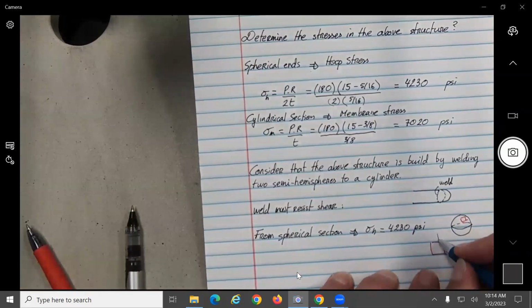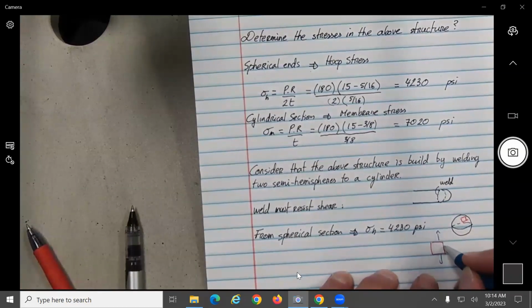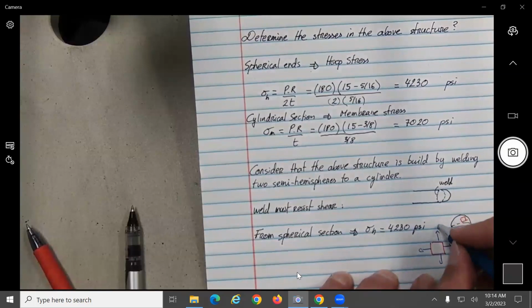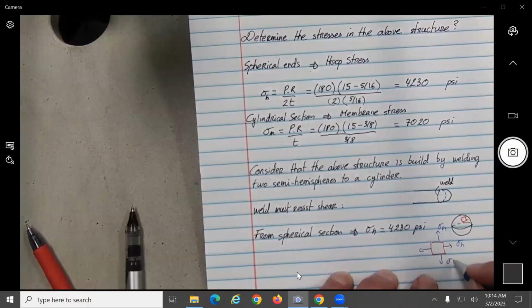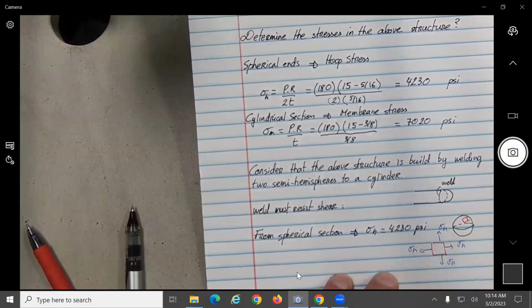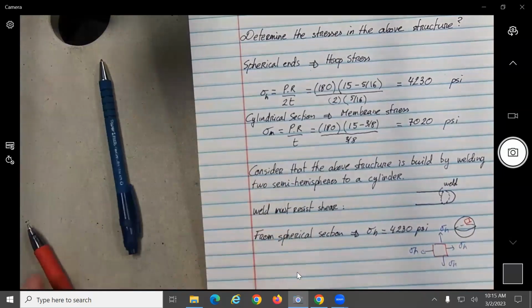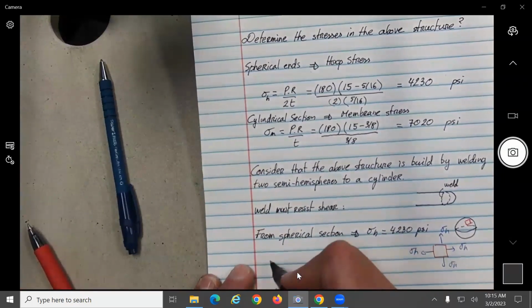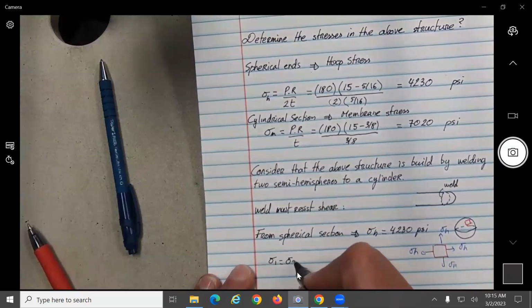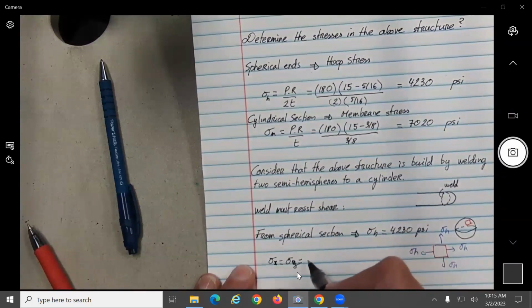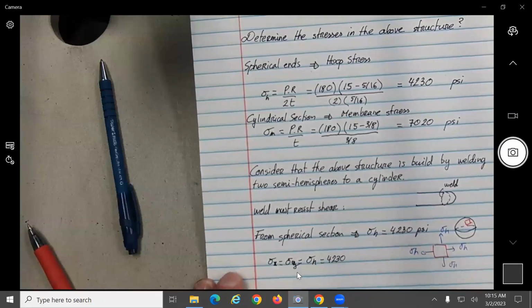So we could say that all the stresses in every direction will be the hoop stress. All right? So I'm just using common sense. This means that the principal stresses in every direction, x and y, will be equal to the hoop stress, which is 4,230.